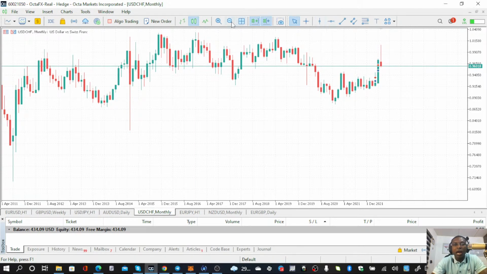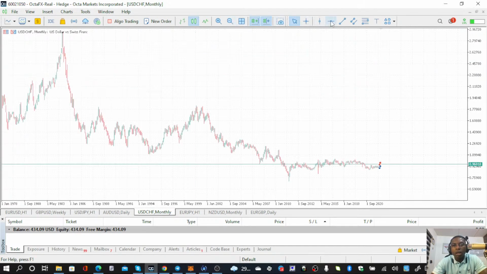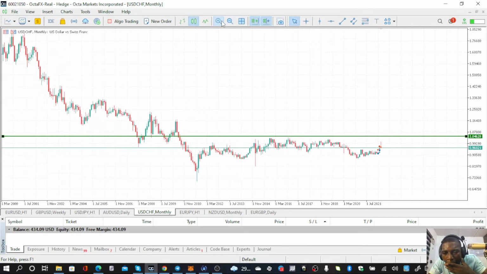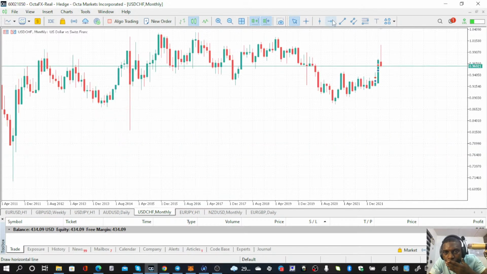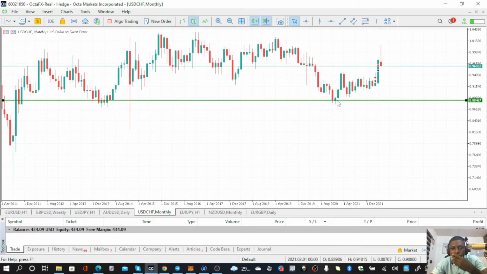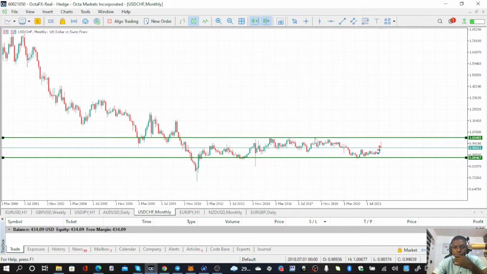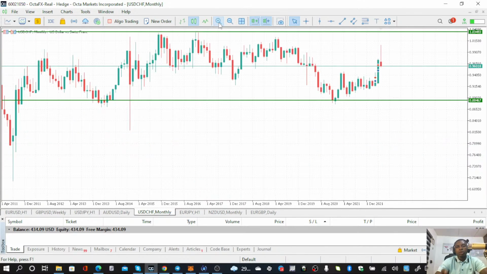So let's draw out support and resistance levels. Good. So we can see support and resistance levels here.